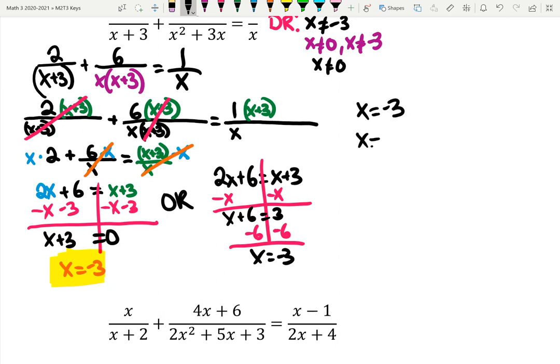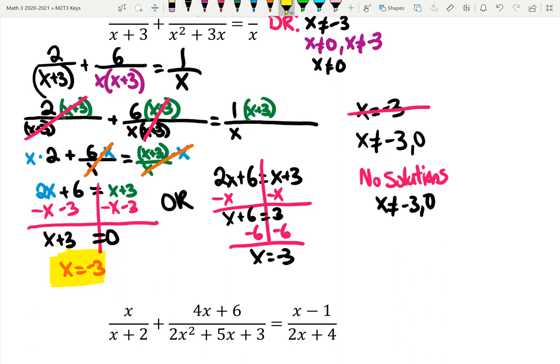And then x cannot be negative 3, 0. Huh. Wait a second. I'm saying my answer is negative 3, but x can't be negative 3. So actually, there are no solutions because x cannot be negative 3 and 0.